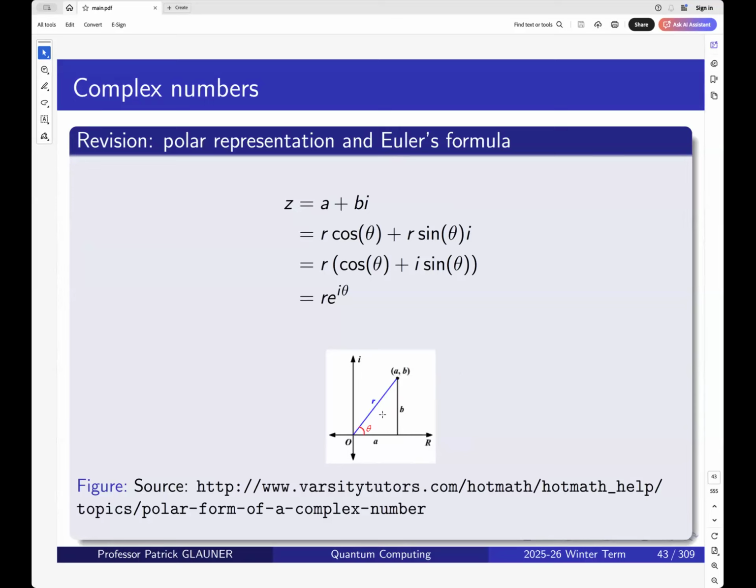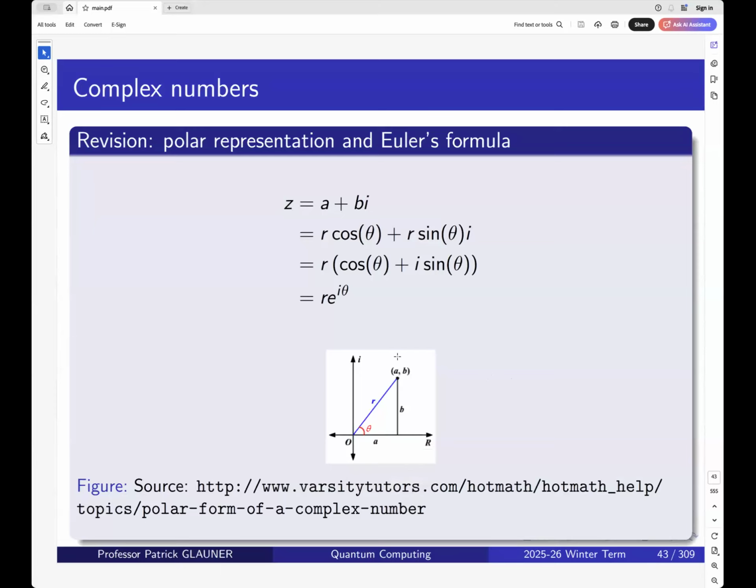But this vector also has an angle with our axis for the real part, and this angle is often denoted theta. In basic geometry, you learn how to calculate this angle. So I'm not discussing examples here with you because this is just fundamental geometry. If you need to look it up, take a look, for example, in the book Quantum Computing for Computer Scientists, how to calculate these angles.